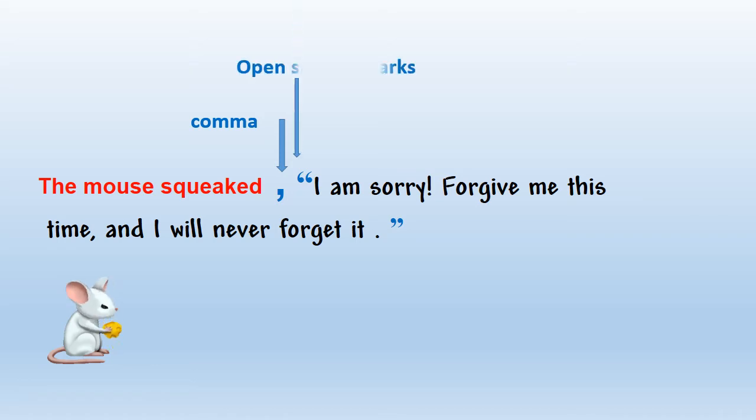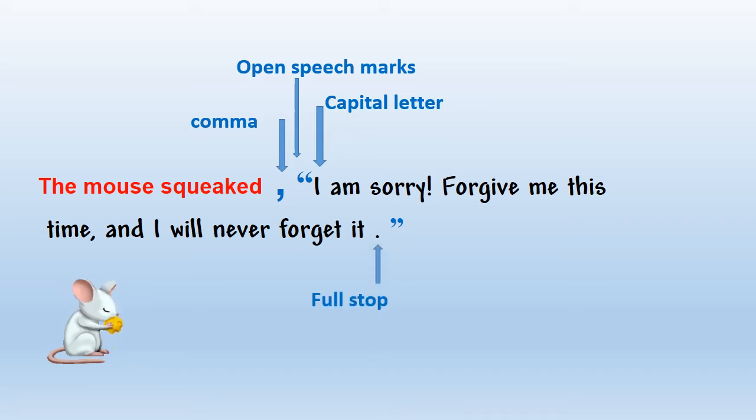We open our speech marks and we begin with a capital letter. "I am sorry, forgive me this time, and I will never forget it." We close with a full stop and we close our speech marks. We have used our punctuation correctly.